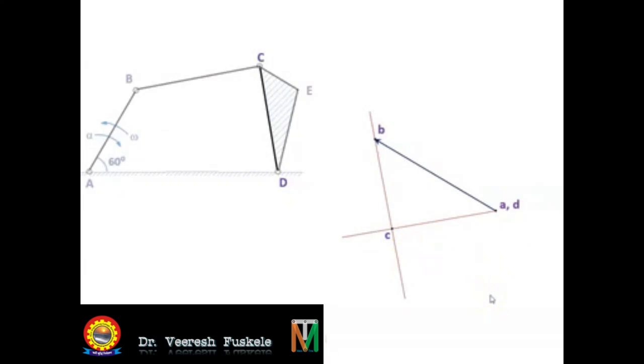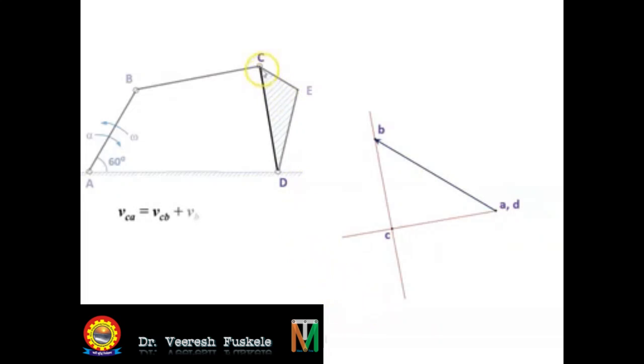Now, in order to get the sense of vector BC and CD, we have to write the vector equation. So vector equation will be like this.